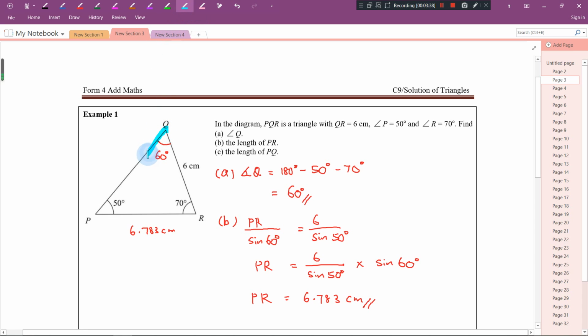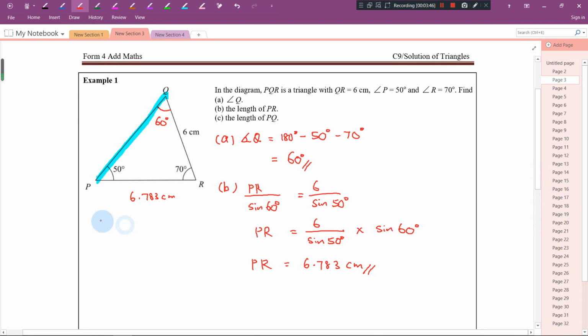Now we are looking for this length. So if I want to find PQ, I put the PQ on the top. PQ over sine 70 degrees is equal to, you can use this two or this two, but in this case I will prefer to use this one, because this two are given by the question, so it will be safer if we use the information given by the question.